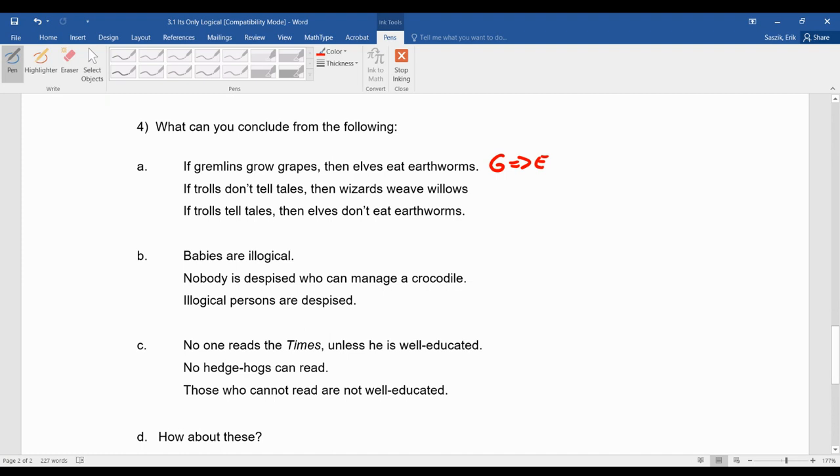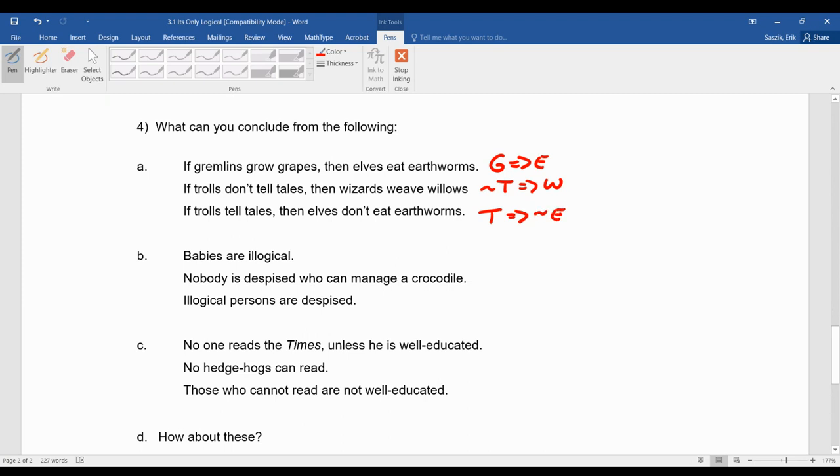If G, then E. If trolls don't tell tales, so if not T, then wizards weave willows, and that's W. If trolls tell tales, that would be T, then elves don't eat earthworms, so that would be not E.